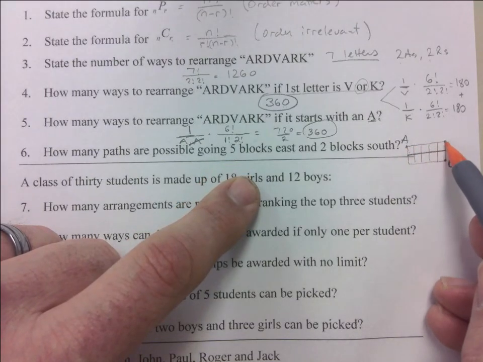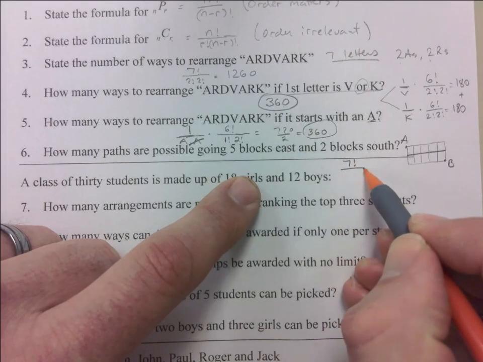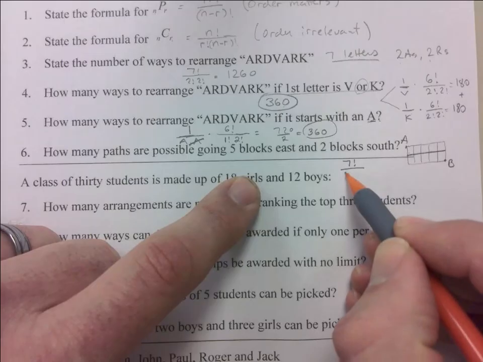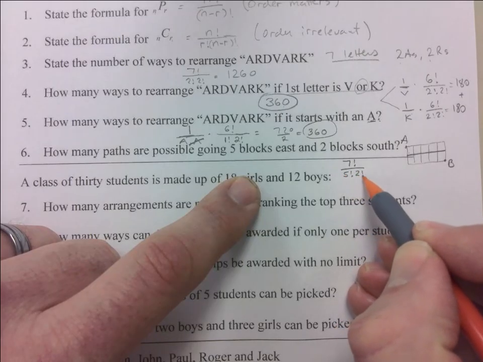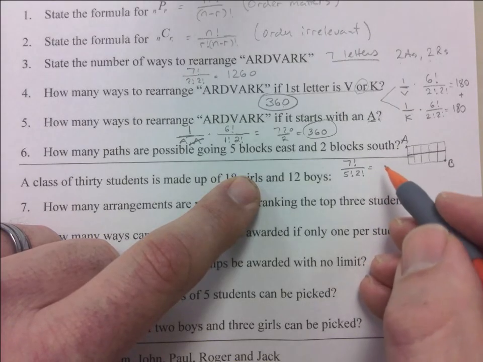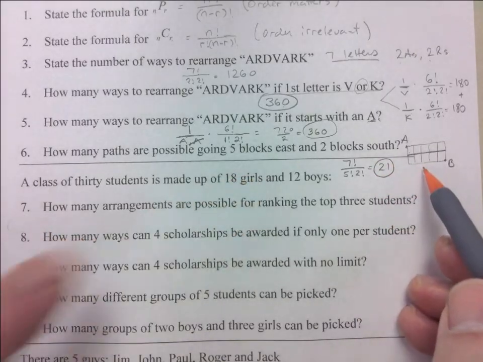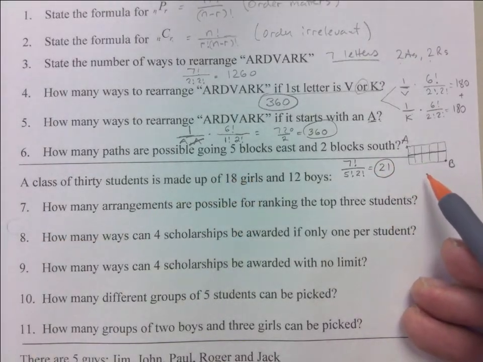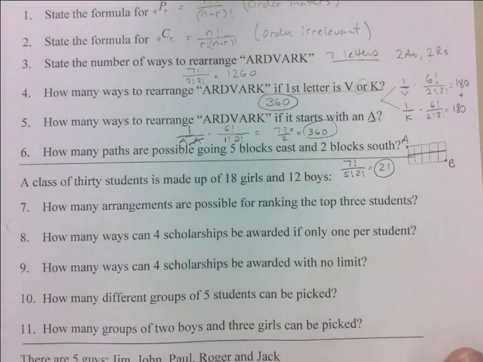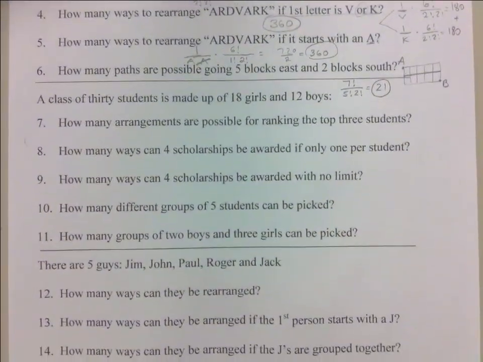This is 5 and 2, that's 7 factorial divided by, we're going 5 sideways, and we're traveling 2 south. And that gives you 21. I'm not going to do the counting method because it's too crowded. I can't make that work.